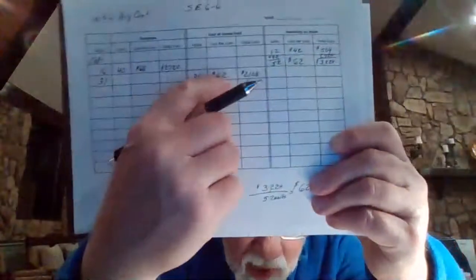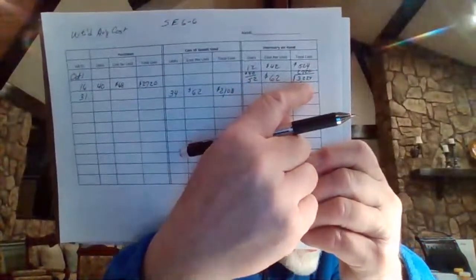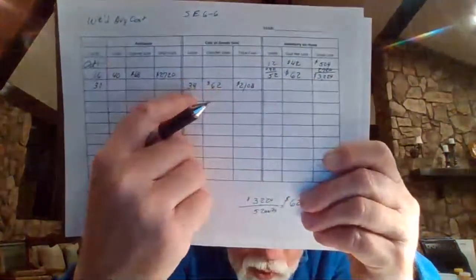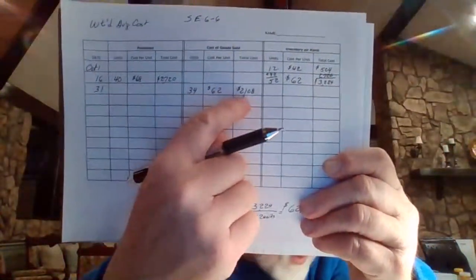Oh, I didn't complete the table. I'm sorry. So we had 52 units at a total cost of $3,224, and we sold 34 at a cost of $2,108. So I have to update my inventory on hand. So 52 units minus 34 would be 18 units on hand. Unit cost is $62, and the total cost there would be $1,116.